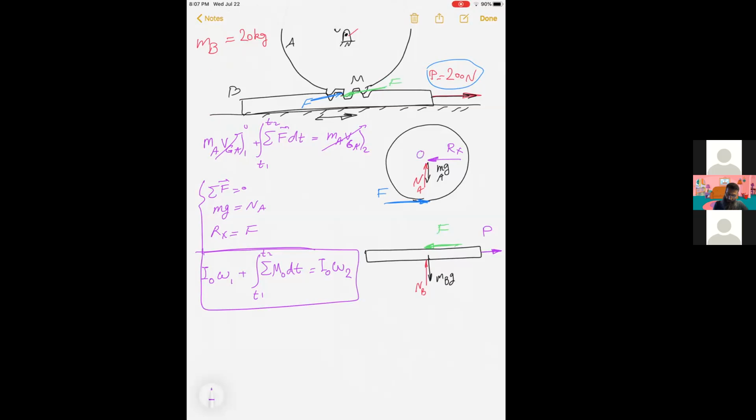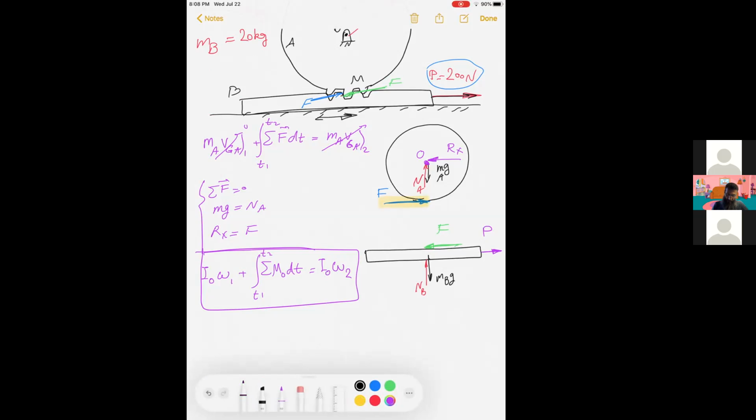This is point O. The center of gear is the point O. What creates moment about O in this case? Does Rx, mg, N, or F create any moment? Rx passes through O, mg passes through O, N passes through O. So the only force that creates moment is F, right?